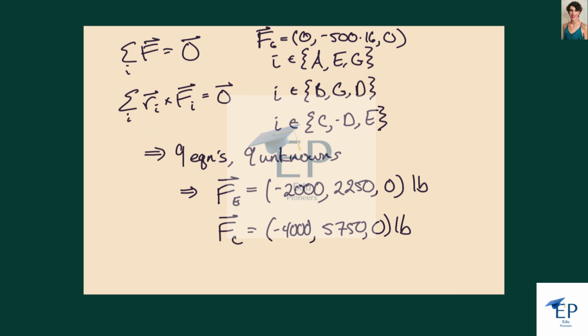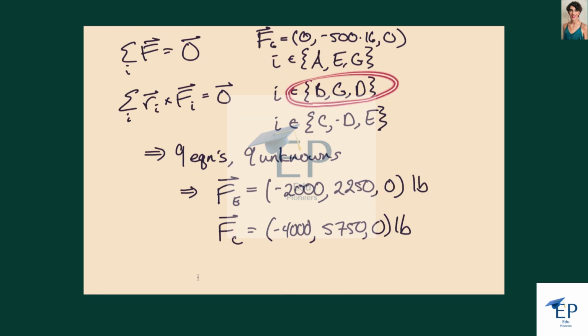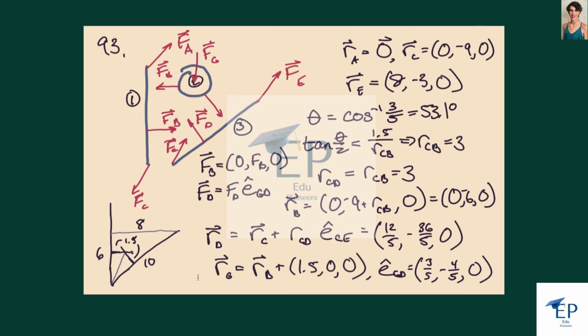And then I looked at the pipe. So at the pipe we have force D, force B, and force G acting. And so those also have moments, although they should all cancel out because they all should act through the center of mass here.